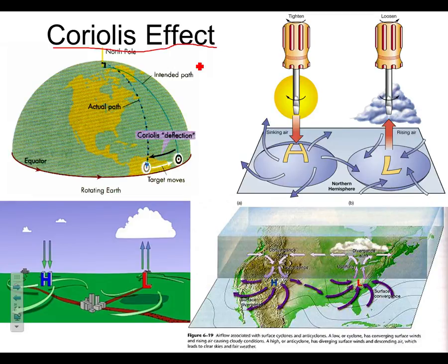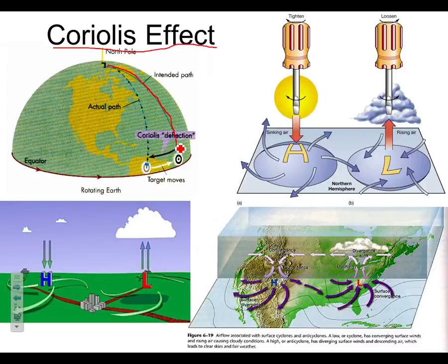But basically, the Coriolis effect is a deflection or turning of wind and ocean currents caused by the Earth's rotation. So imagine the same picture I had before. Imagine you're shooting a missile and you are trying to hit this target here. You fire your missile and it's going this way, but as it's going, the Earth is spinning.